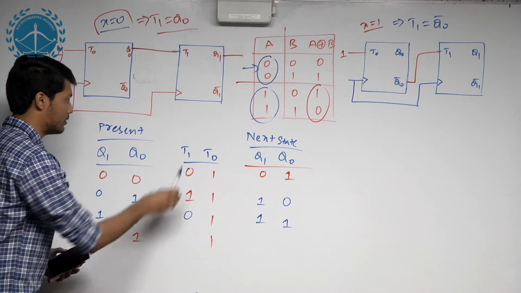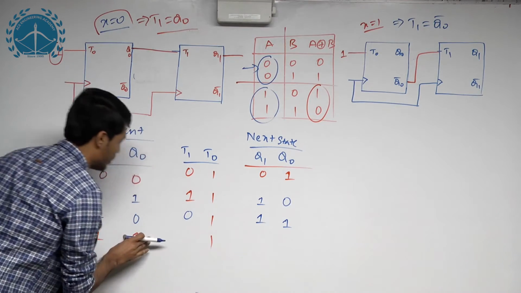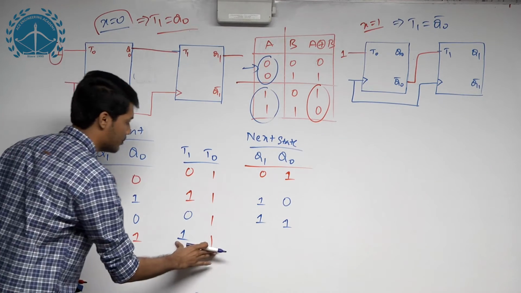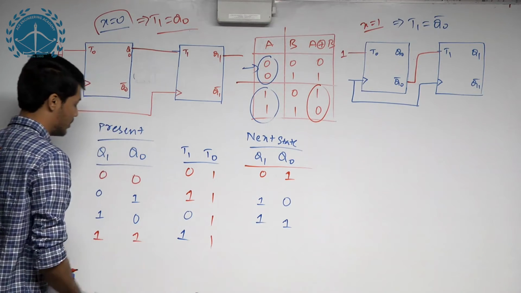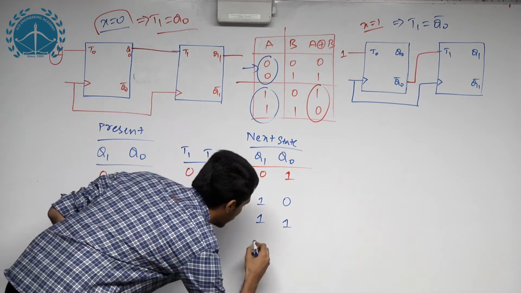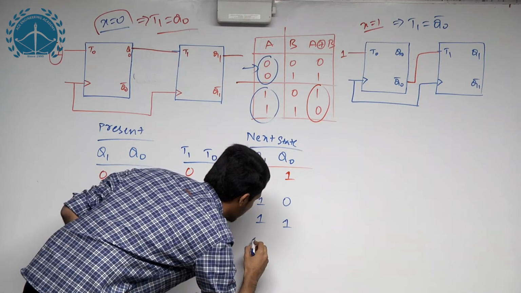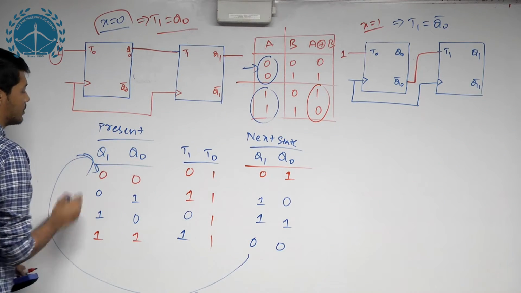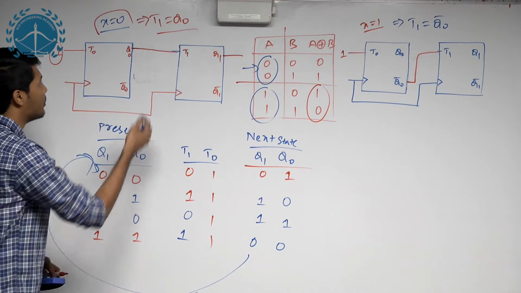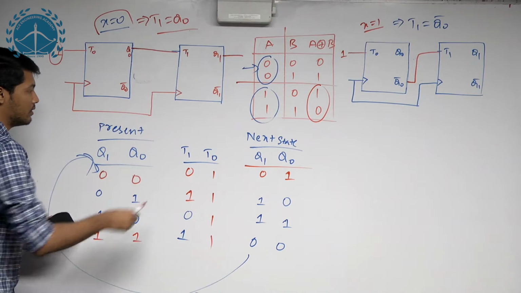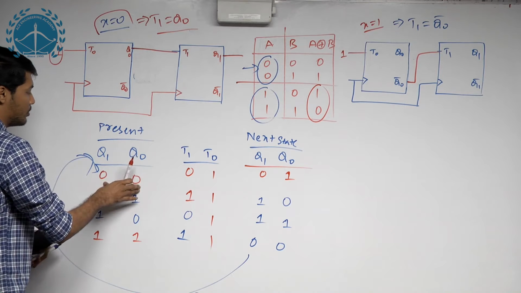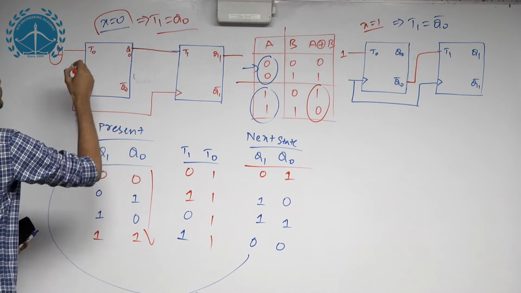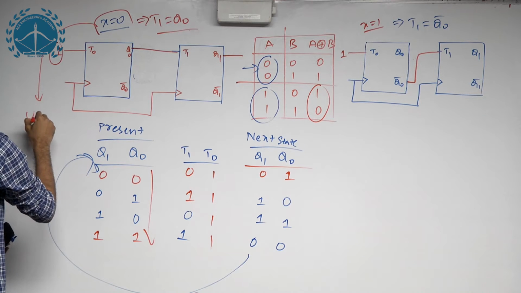Since T1 is again equal to Q0, which is 1, both will toggle, from 1 1 to 0 0. Again we have reached the initial state. So as you can see, whenever x is equal to 0, this is an up counter from 0 0 to 0 1 to 1 0 to 1 1. So whenever x is equal to 0, it implies it is an up counter.